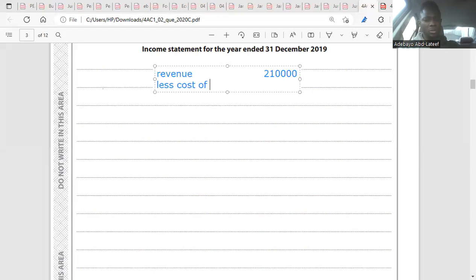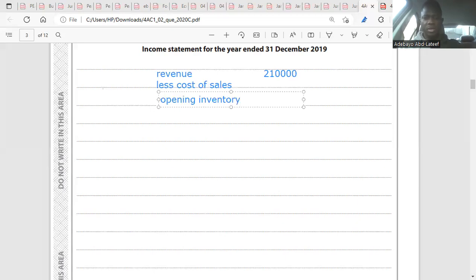The cost of sales, now the first one we have for the cost of sales is your opening inventory.